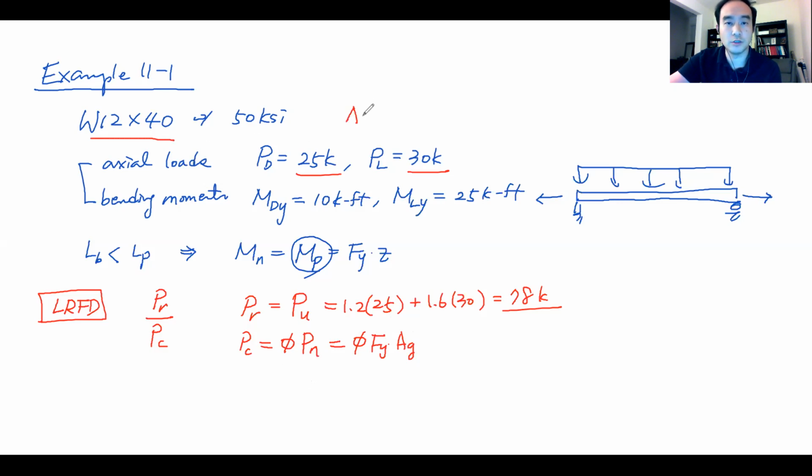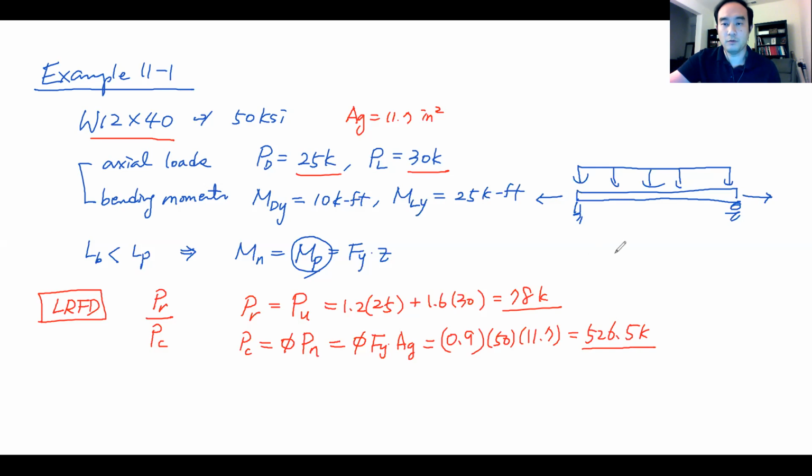So Ag is 11.7 inches squared, and Fy is 50. So it's going to be 0.9 times 50 times 11.7. I got 526.5 kips.